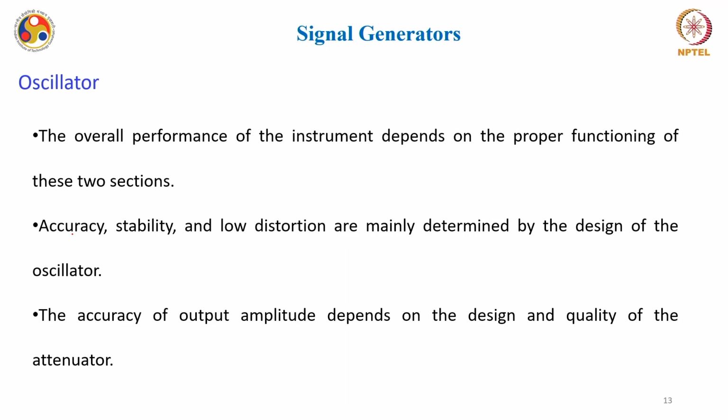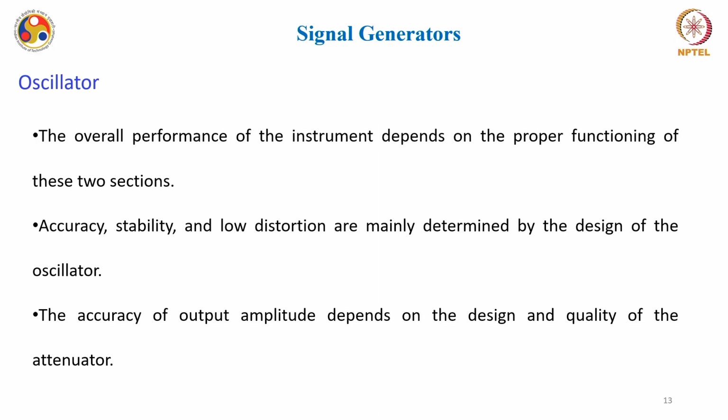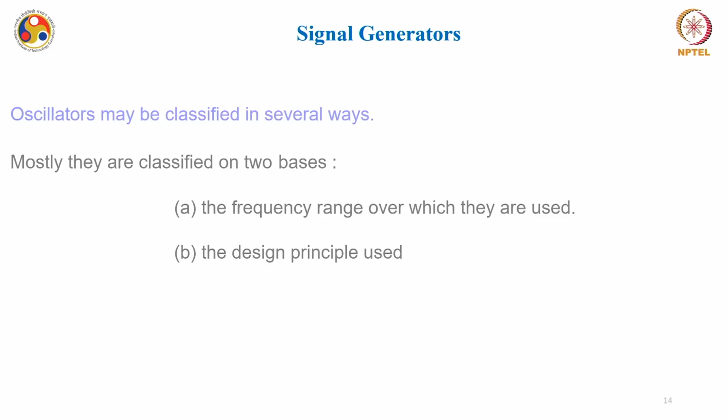The overall performance of the instrument depends on both sections. Accuracy, stability and low distortion are mainly determined by the design of the oscillator, while the accuracy of the output amplitude depends on the design and quality of the attenuator.